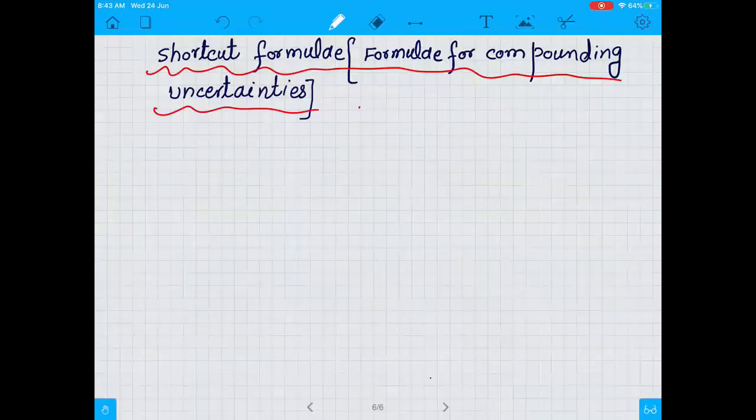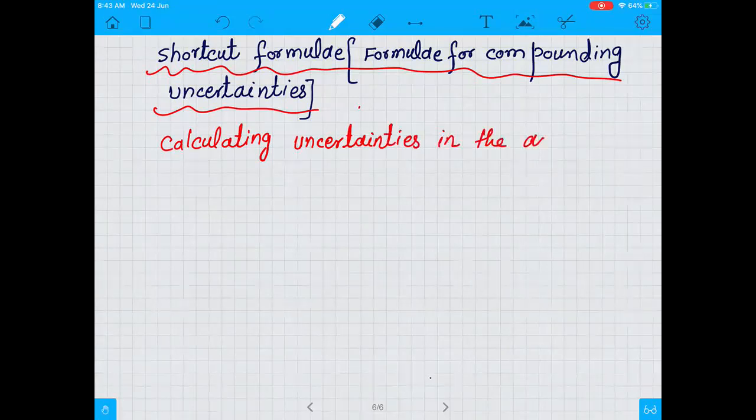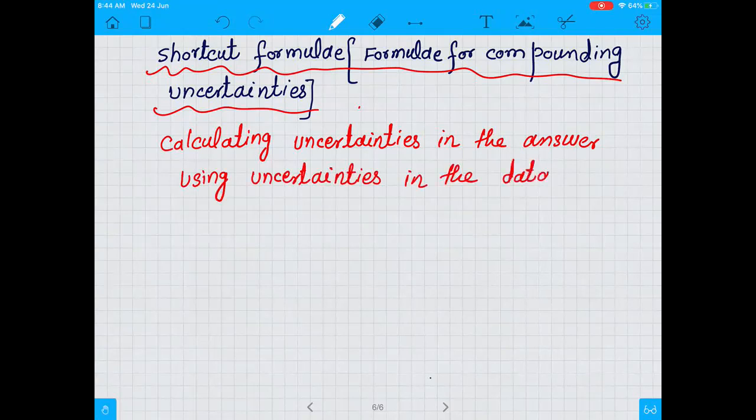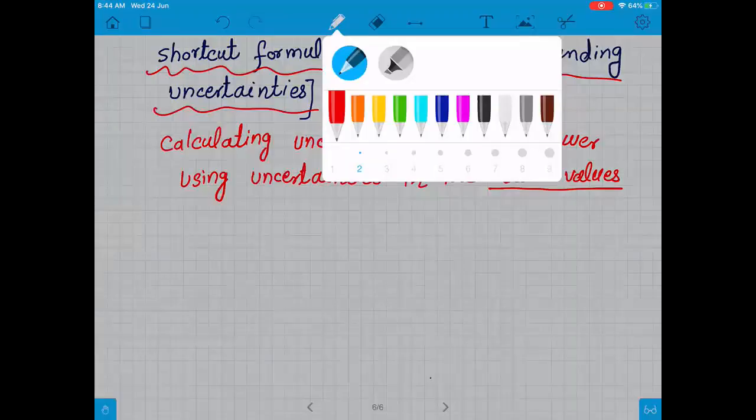Now, basically it is calculating uncertainties in the answer using uncertainties in the data values, and you are only going to use uncertainties and not the original values.